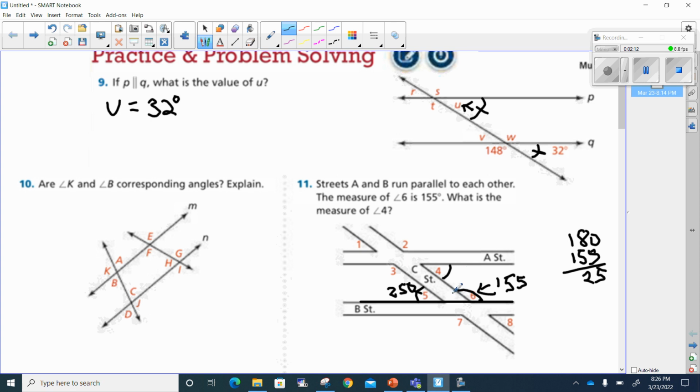And we know that alternate interior angles are congruent. So if this is 155, this is 155. And that means if this is 25 degrees, then this must be 25 degrees. So our angle 4 equals 25 degrees. Okay? And I guess I should have said angle U over here equals 32 degrees.